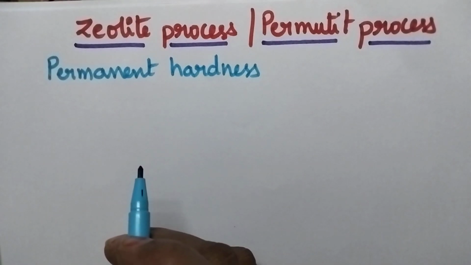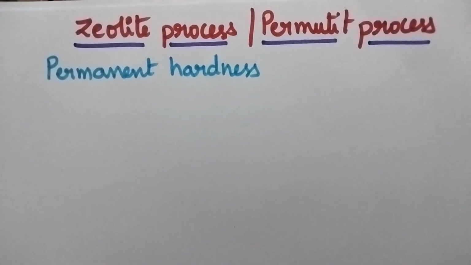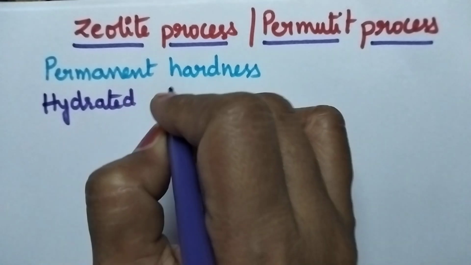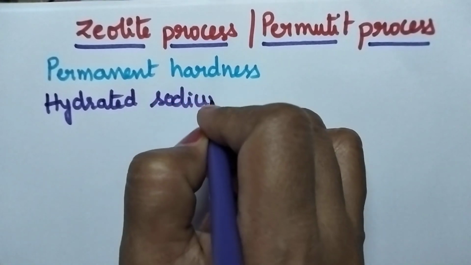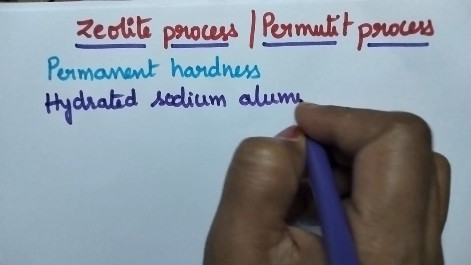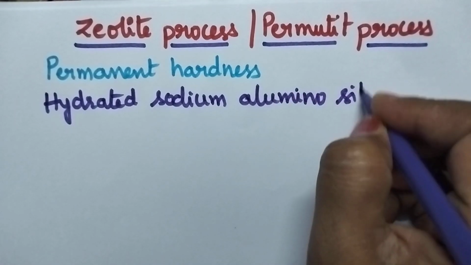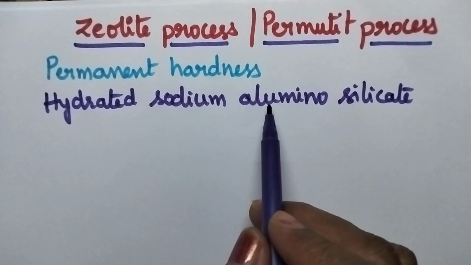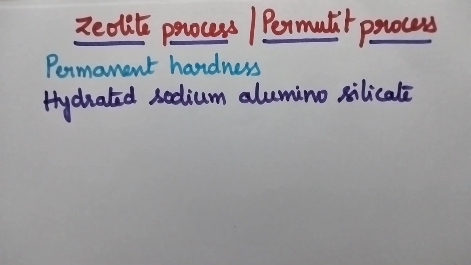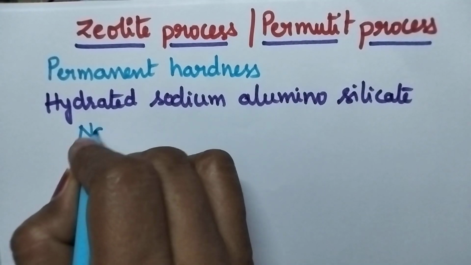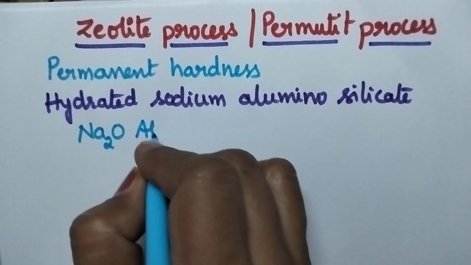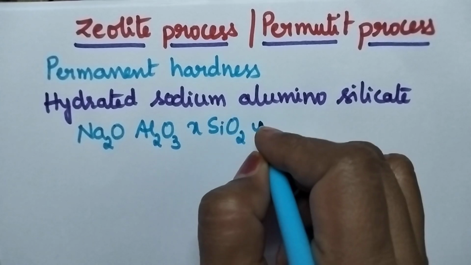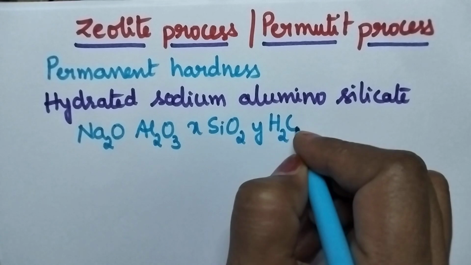So coming to the zeolite, it can be defined as hydrated sodium aluminum silicate. Chemically it can be written as Na2O.Al2O3.xSiO2.yH2O.